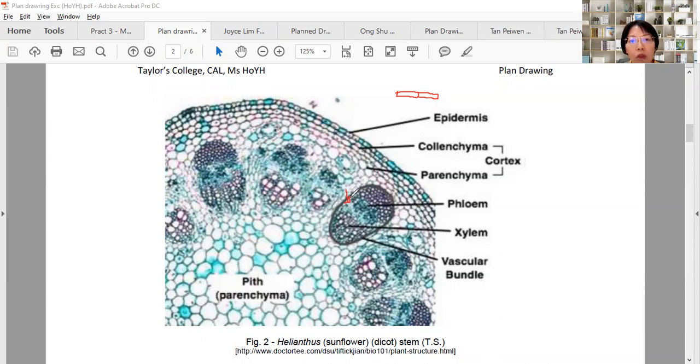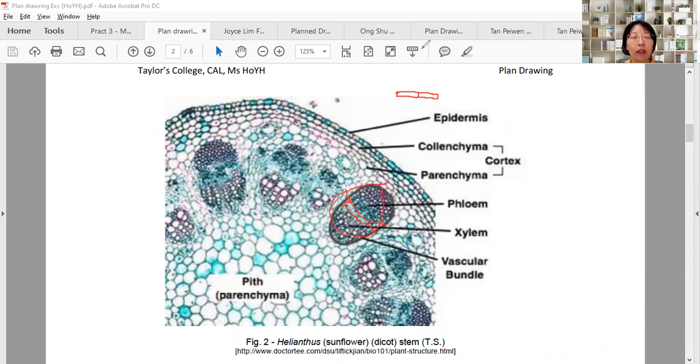And then how thick is the cambium? Just look at the white color region. So the thickness of cambium, I will draw in my plan drawing roughly based on this micrograph, roughly. But if you're given a slide, it's not roughly already. When you're given a slide, you have to zoom into this one, means use a higher magnification, to look into here to see exactly where is cambium, and then you draw into your plan drawing.